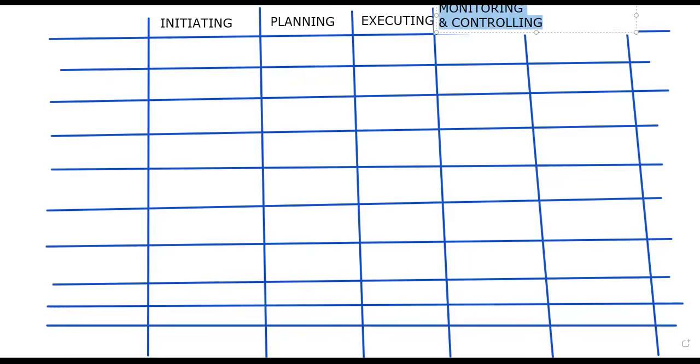Let's make it a little bit smaller so it fits in that box. Those are the 5 process groups of project management.